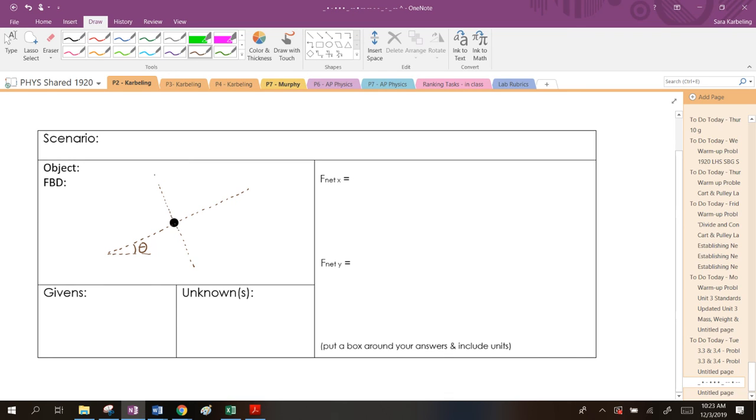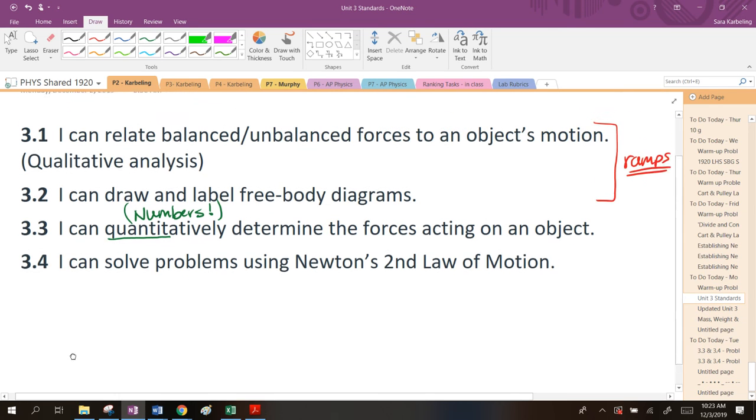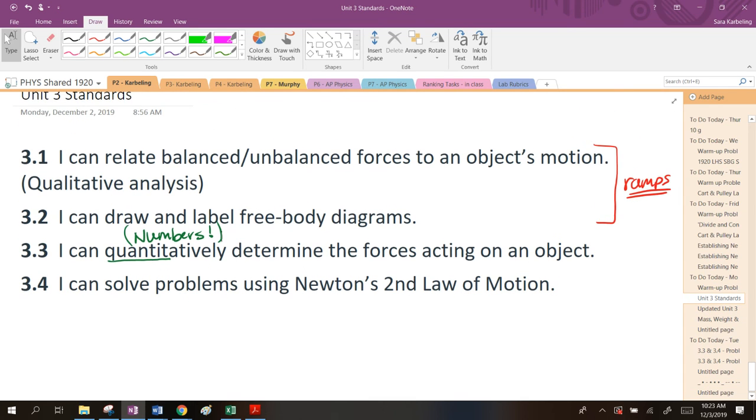How are we doing? Yeah. I'm confused. So what is our quiz thing tomorrow about? Your quiz tomorrow is assessing standards 3.1 and 3.2. I can relate balanced and unbalanced forces on an object motion, and I can draw and label a free body diagram. We've assessed these already. We did these at the end of try 2 or try 1 as well. The thing that's different this trimester that we introduced last week were the ramp problems.